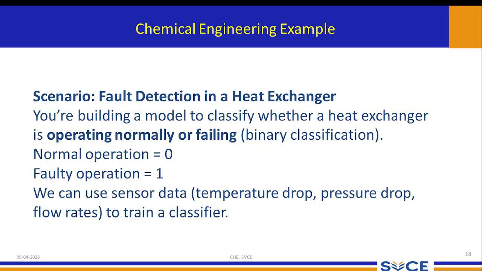So this is a chemical engineering example for this scenario: fault detection in a heat exchanger. You are building a model to classify whether the heat exchanger is operating normally or failing. Normal operation is considered 0 and faulty operation is considered 1. We can use sensor data to train the classifier.